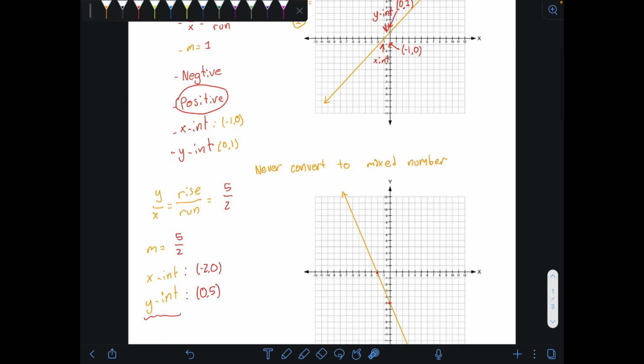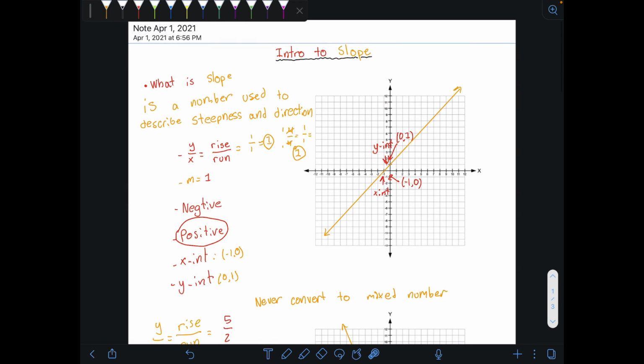Okay, let's just do a quick review here of introduction to slope. So what is slope? Slope is a number used to describe steepness and direction. And now also we know our formula is y over x, which is modeled as rise over run. Here's our line.